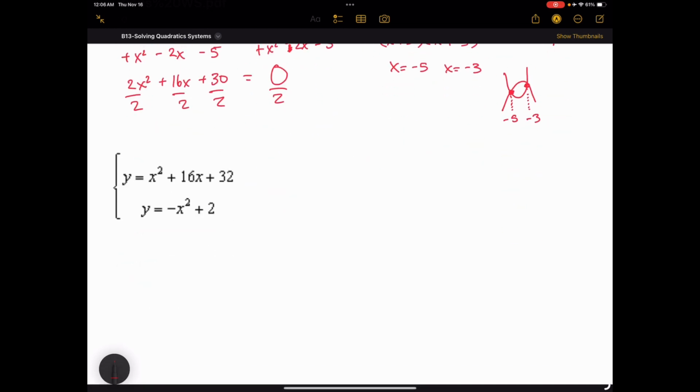Okay, last one. They're both equal to y already. One opens up, one opens down. So let's set them equal to each other. x squared plus 16x plus 32 equals negative x squared plus 2. Okay, I'm going to add x squared to both sides, subtract 2, so plus x squared minus 2. We're going to get 2x squared plus 16x plus 30 equals 0.